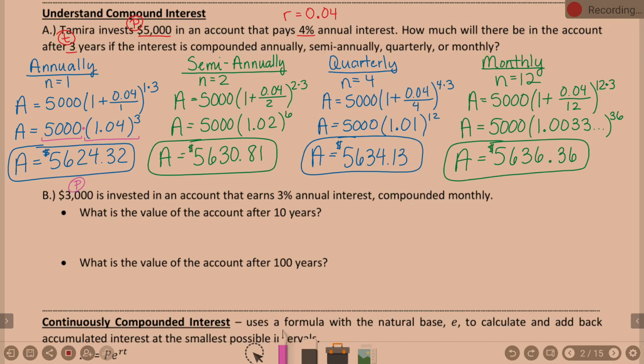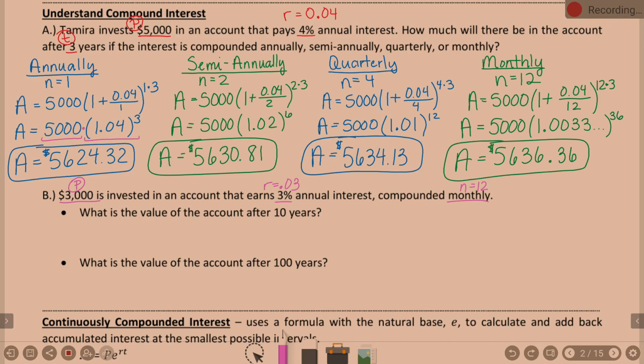It's the amount of money we're investing or starting with. What else? R is 3%, and 3% as a decimal is 0.03. Compounded monthly, what's that tell me? N is 12.